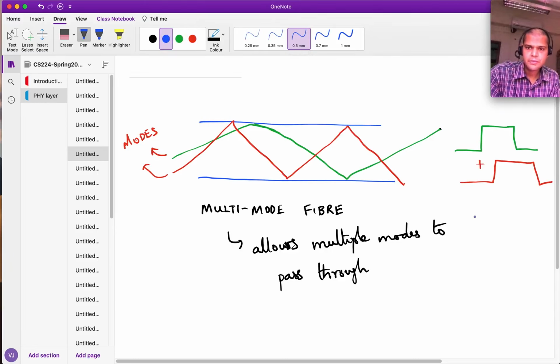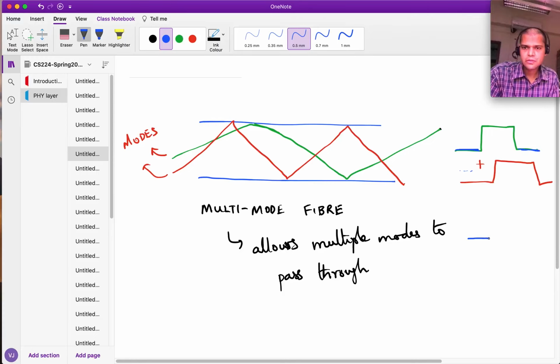So if I add them up at the other end, let's say this is 0 and this is some intensity. This is when you're transmitting no signal, and here you're transmitting some signal.